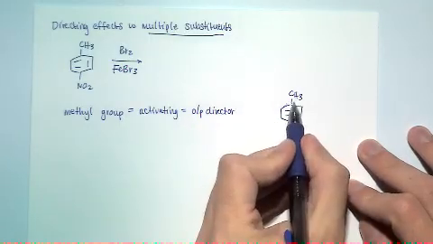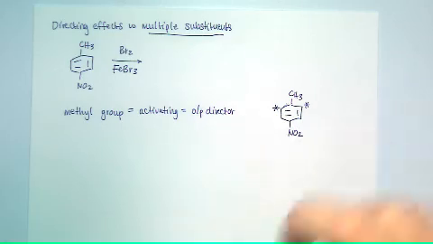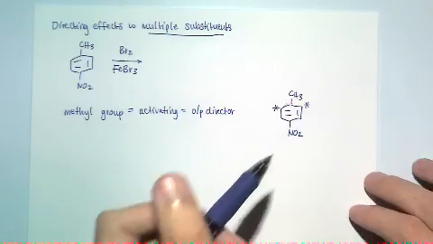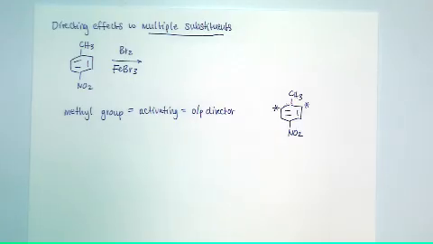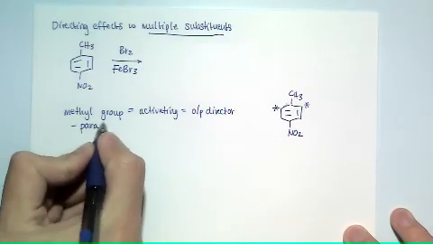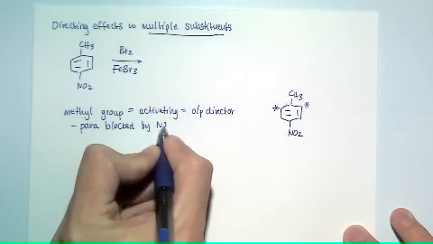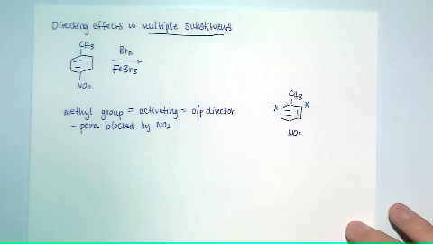So it's going to want to direct toward the ortho position. There's two ortho positions. What about the para position? It's blocked. We're not going to substitute the nitro group for something else. That is not a reaction that happens in this case. So the para position is blocked by the nitro group. Okay, so the methyl group is going to direct toward those two positions.